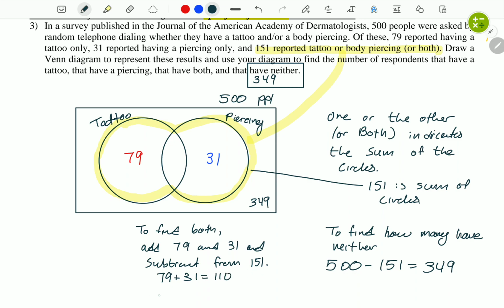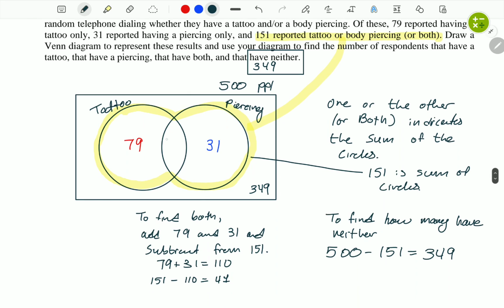Subtract the 110 from the 151. 151 minus 110, that is 41. And we answered another part of our question. How many have both? 41.